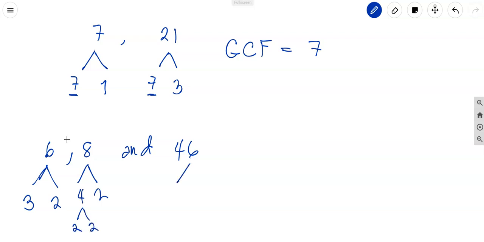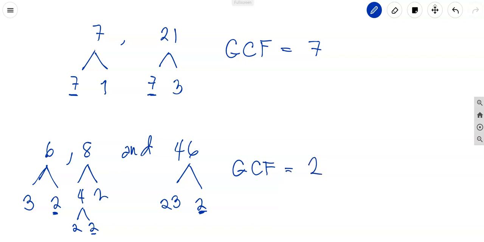What is the factor of 46? We will have 23 times 2. Therefore, we can observe that 2 is the common factor of all. So the GCF is equal to 2.